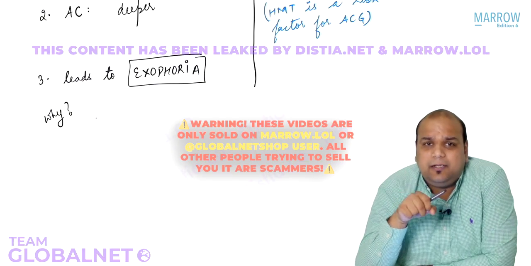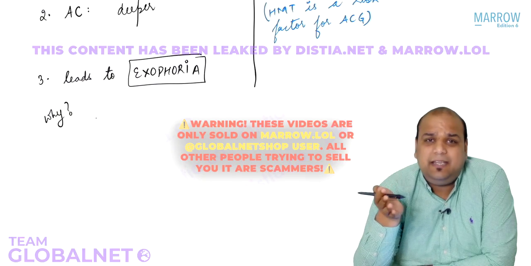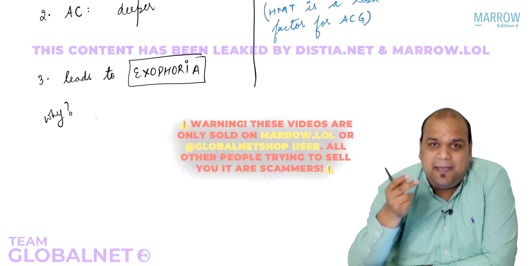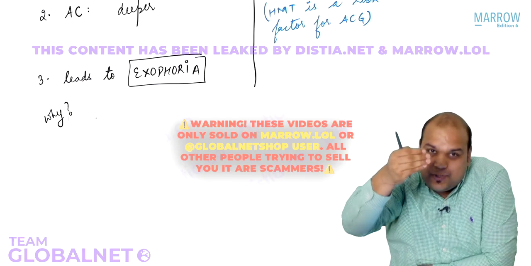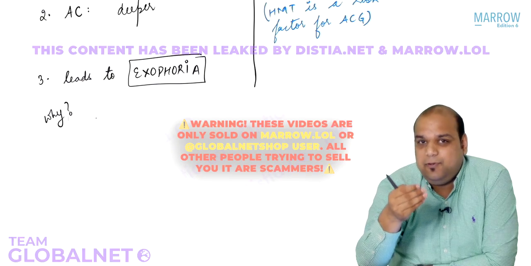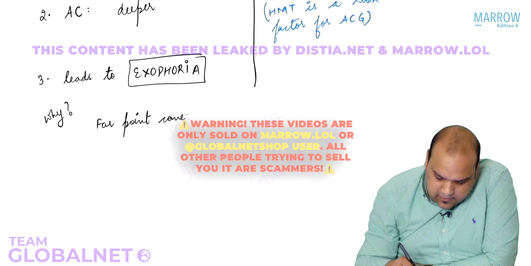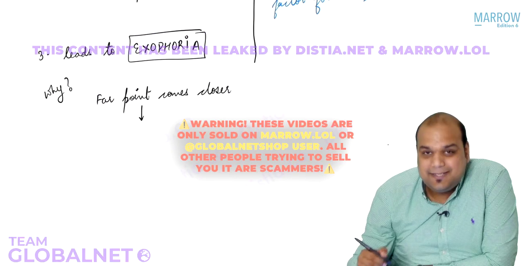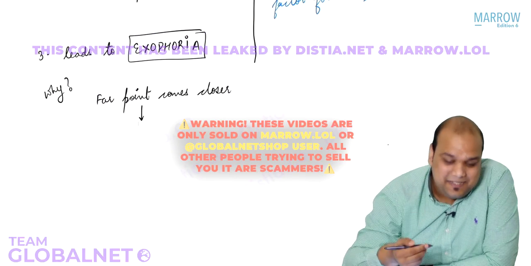If I talk in optical terms, my far point is usually at infinity, yes or no? That is why we say parallel rays of light coming from infinity. Now my far point comes closer to me. That is why I lose my far vision. So my far point comes closer. Because my far point has come closer, that is actually aiding in near vision.